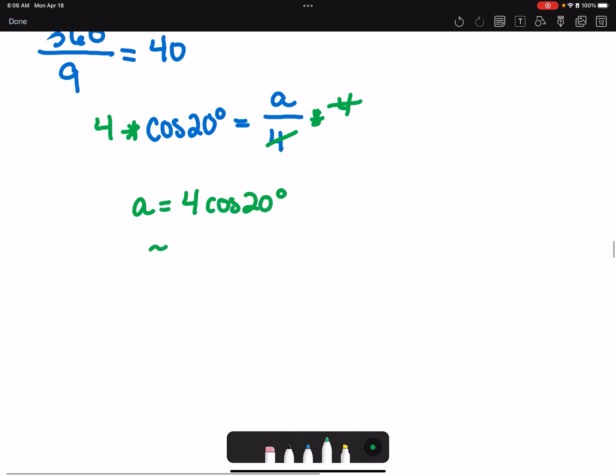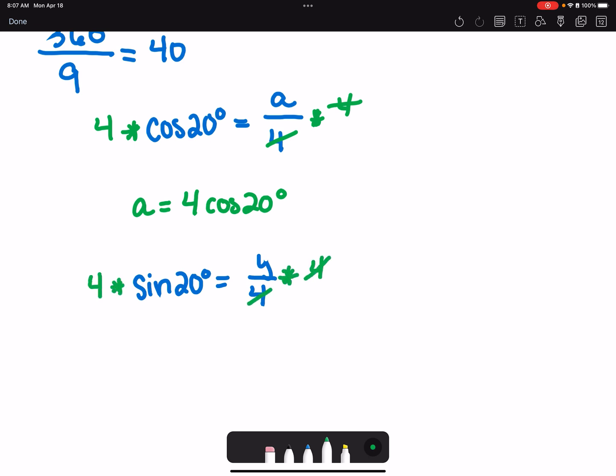We're going to leave it just as that for now, until the very end is when we're going to round. The next thing I have to do is sine of 20 degrees to get y. That's going to give me y over 4. Again, I'm going to multiply both sides by 4 to get rid of that off the bottom. And I'm going to have y equal 4 sine of 20 degrees.